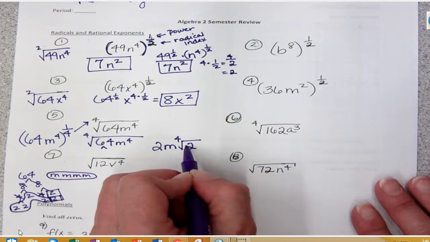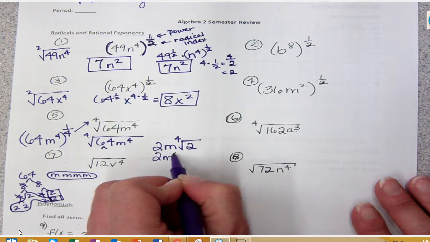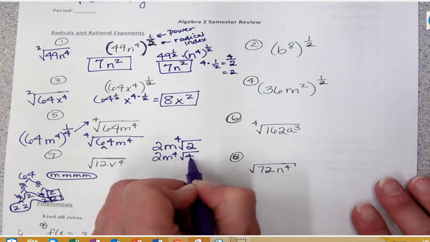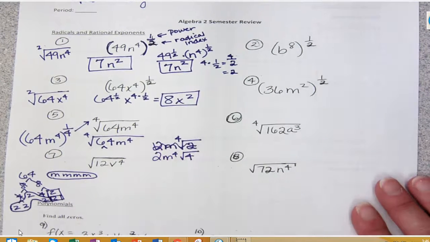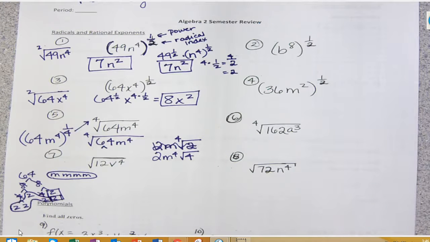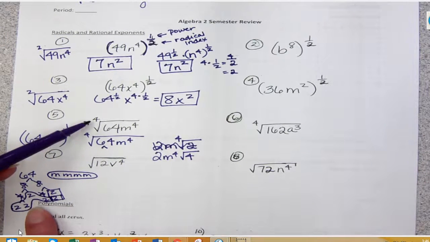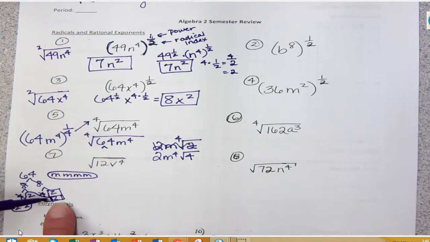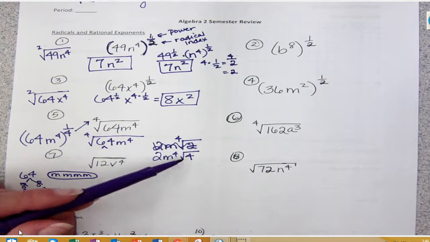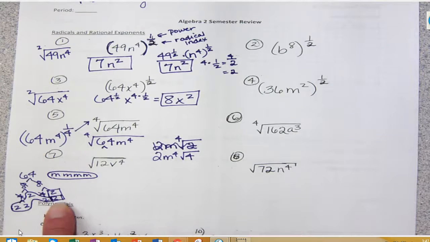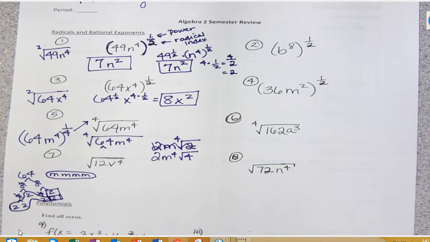So that's going to be 4. 2m to the 4th, right there. So hopefully you guys remembered how to do that, where you can break it down into the smallest factors. I need to get 4 of these because that's the index. And I'm left with a 2 here and a 2 here. There's 2 2's. 2 times 2 is 4. There's not enough of them to pull that out. Okay.